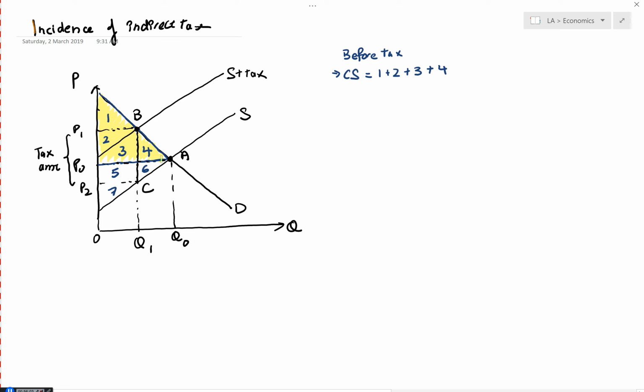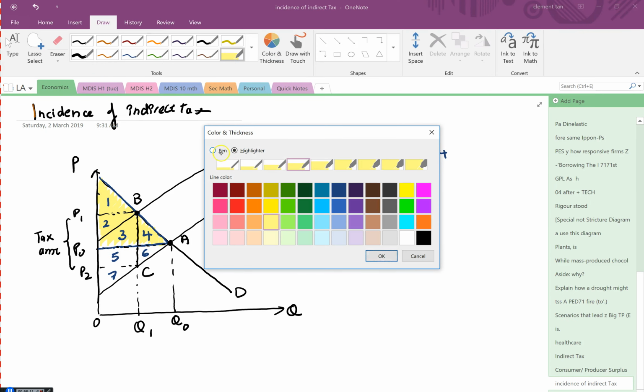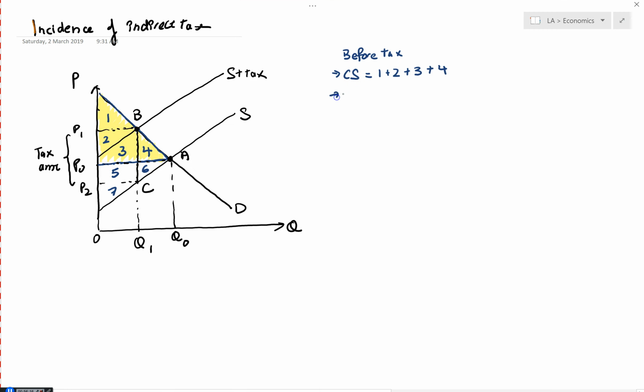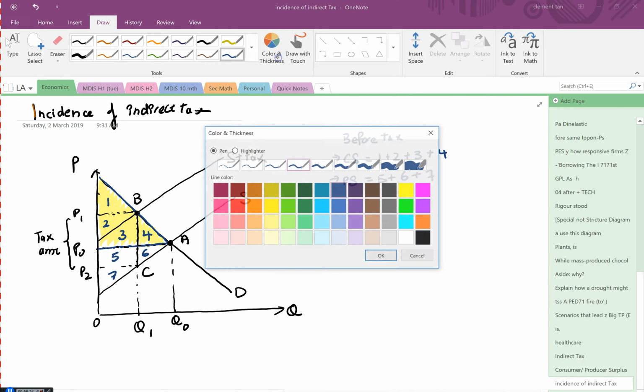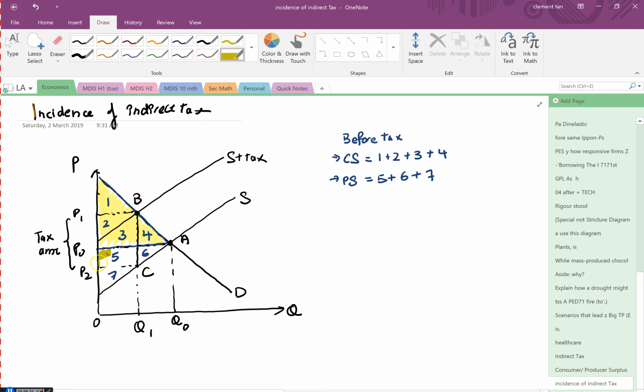Area 1, 2, 3, 4. How about producer surplus? 5 plus 6 plus 7.